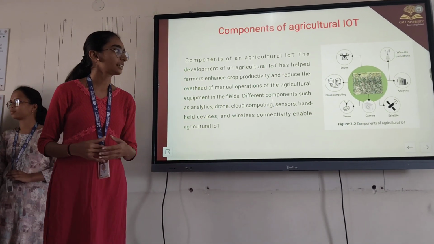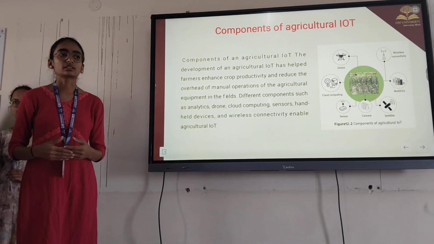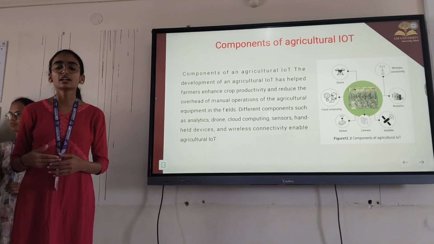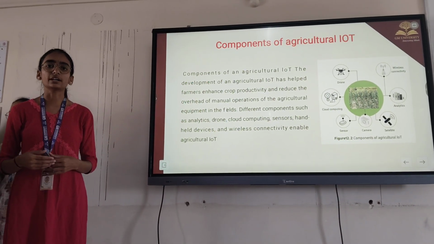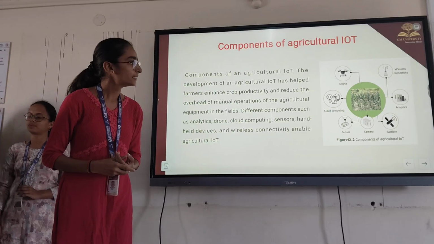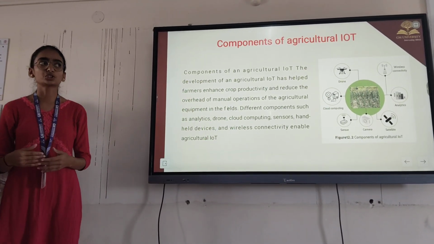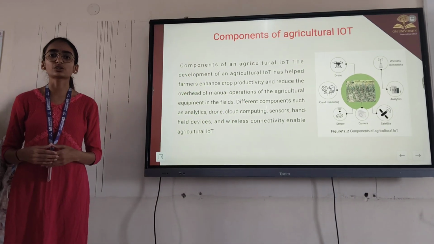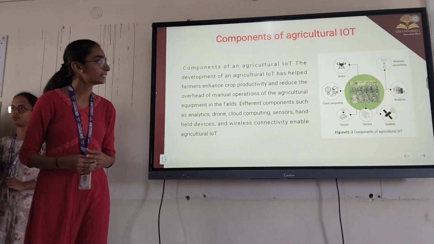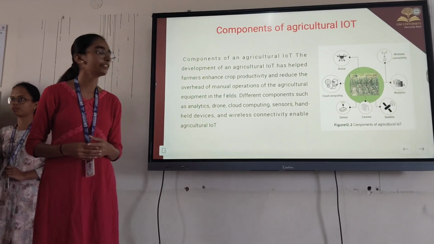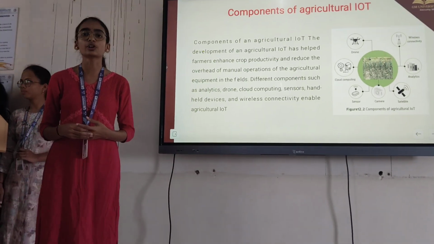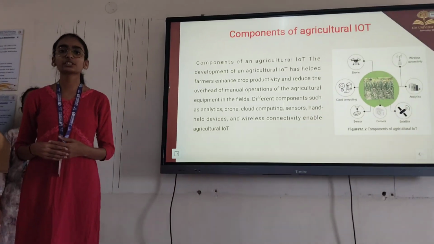Next, satellites are used for images from the sky of the crop area. Next, analytics is used for the soil condition and moisture of the soil. Next, wireless connectivity is used for the farmers who are using mobiles.